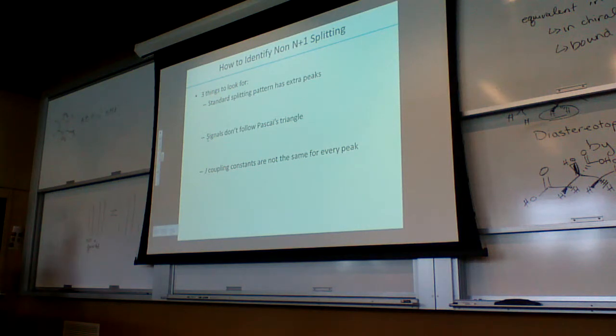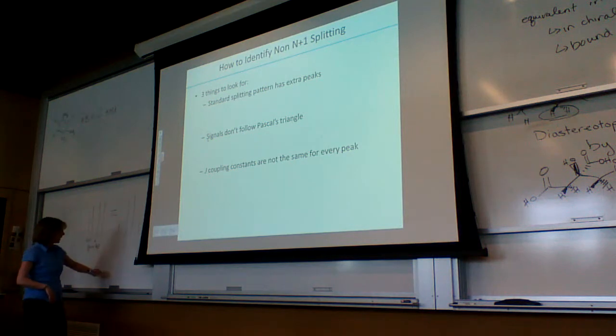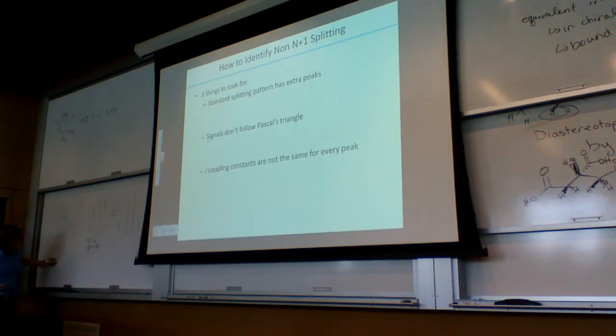The last one that I have on the board is that the J coupling constants are not the same for every peak. So let's say we have a quartet that looks pretty close to it, but we have a peak that looks like this.